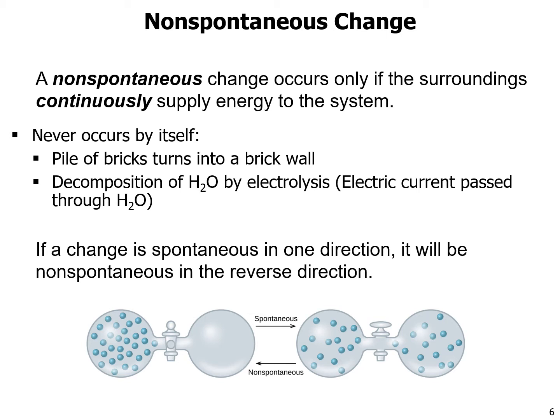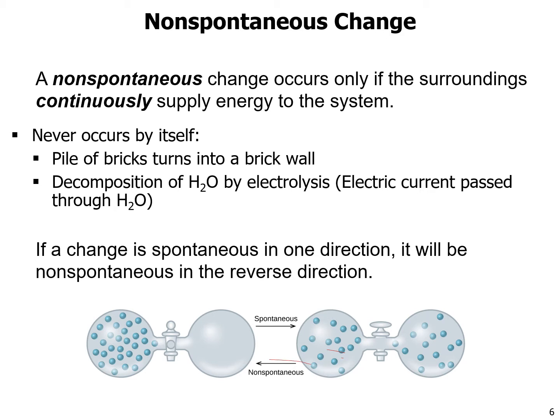If I have gas in both the bulbs and I want to collect the gas into just one of these bulbs, that is not going to happen by itself. We will have to forcibly supply some form of energy to force these gas molecules to go into just one of these bulbs. So the reverse of this is going to be a non-spontaneous process.